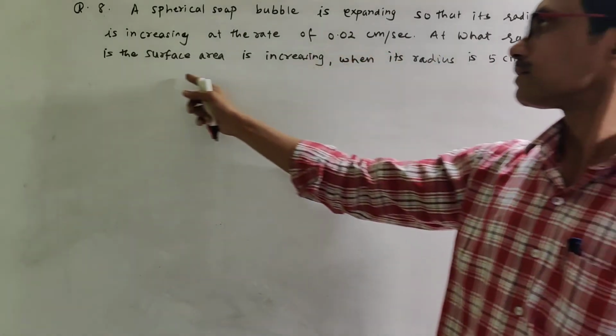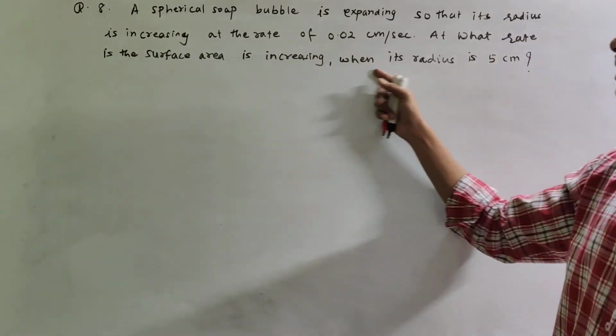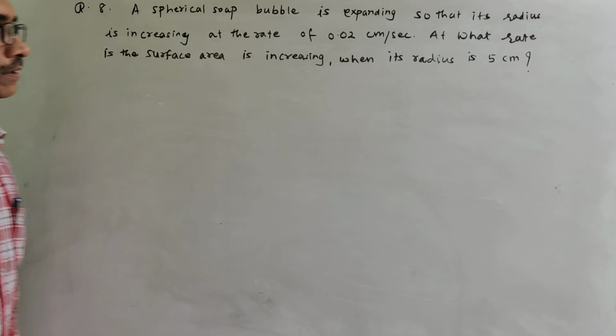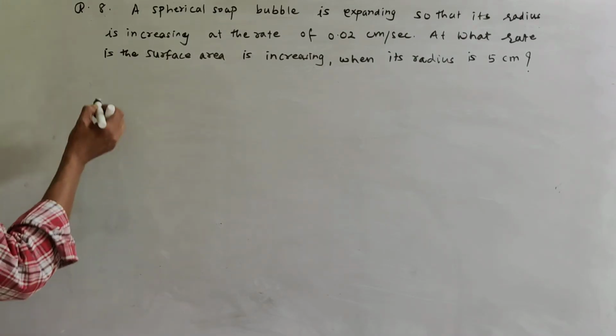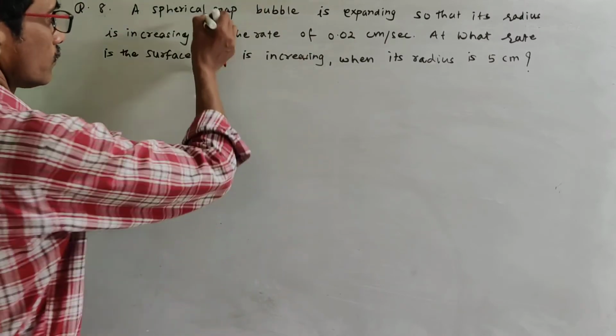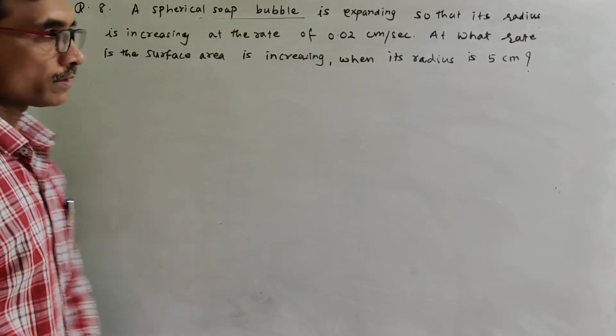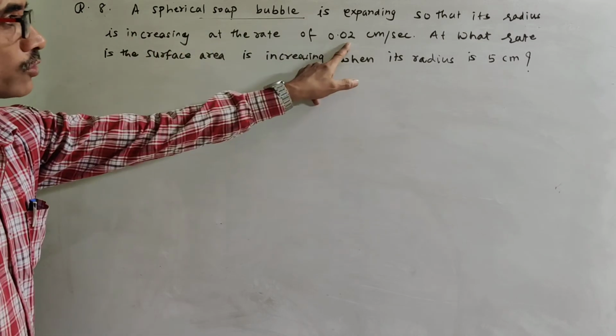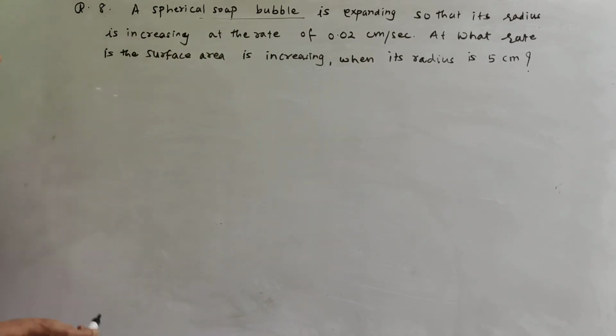At what rate is the surface area increasing when its radius is 5 centimeter? So a very simple question. Let us suppose in time t, r is the radius of the soap bubble, and it is changing.